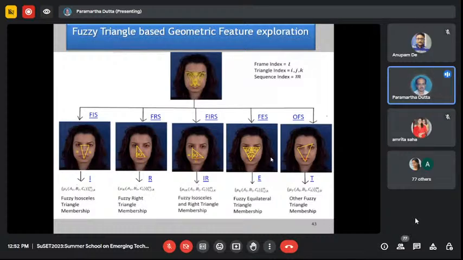Now, if the angle distribution is say 59 degree, 60 degree, and 61 degree, is it an equilateral triangle? Answer is no in the classical sense, but answer is yes in the fuzzy sense. So we allow 1 degree of deflection from 60 degree, and since we are allowing this flexibility to be injected, we get more flexibility in terms of the results that we obtain.